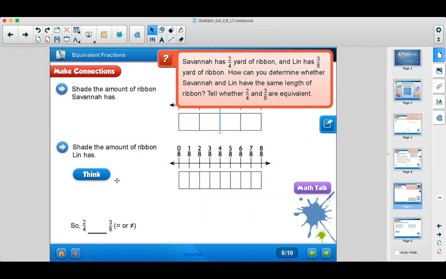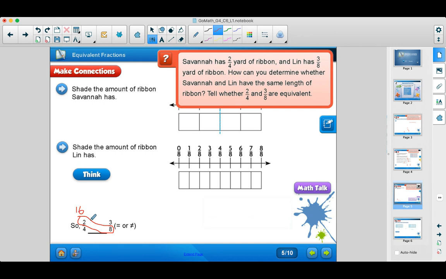Using the butterfly method, if you multiply the numerator in the first fraction and the denominator of the second fraction, which we're going to do now, the answer is that 2 times 8 is 16.